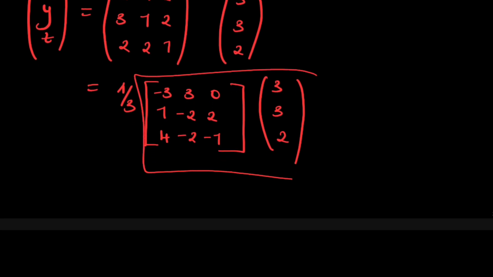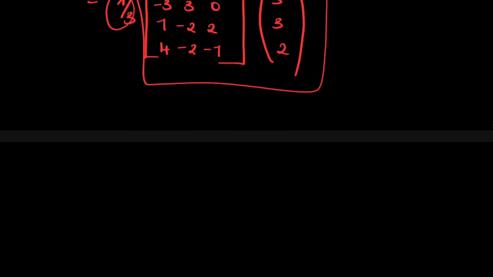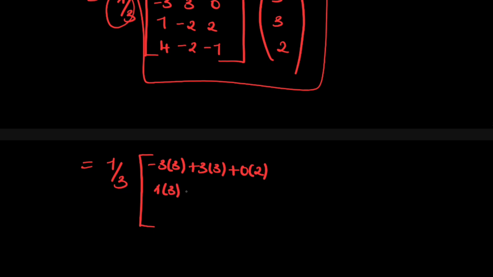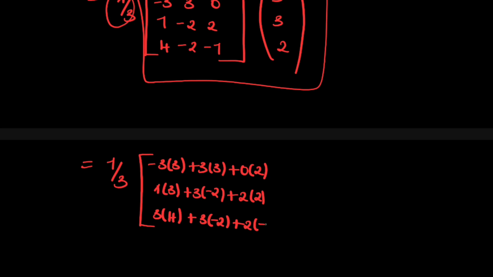I'll multiply this first before I include the 1/3, not to make things confusing. So we have 1/3 now. Let's multiply row by column. Minus 3 times 3 plus 3 times 3 plus 0 times 2. 1 times 3 plus 3 times minus 2 plus 2 times 2. 3 times 4 plus 3 times minus 2 plus 2 times minus 1.